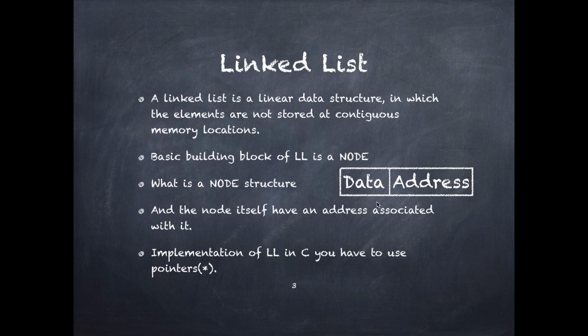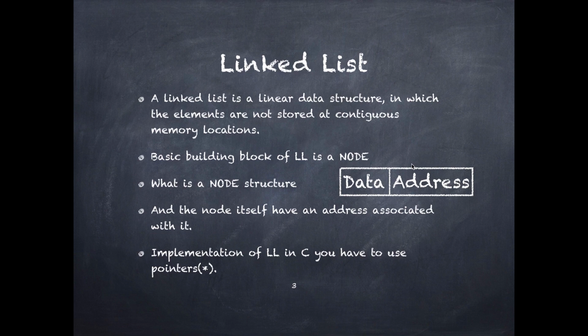The address part will point to the next node on which this linked list is built. So that's the node structure. You have a data part and an address part. We'll come into the detail of nodes in the upcoming slides. And the node itself will be associated with an address.